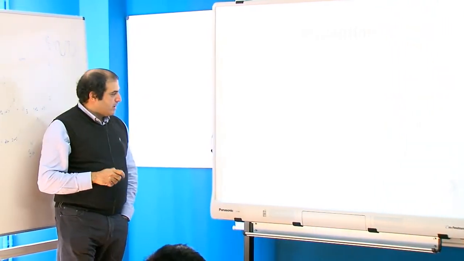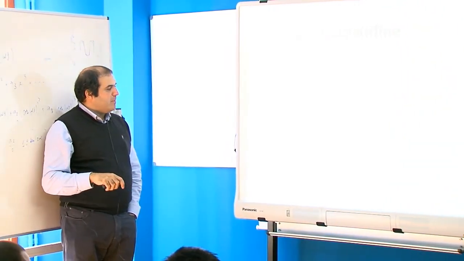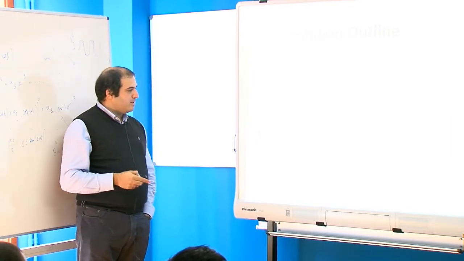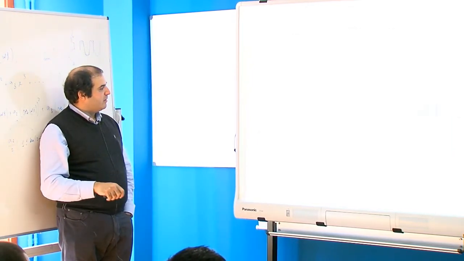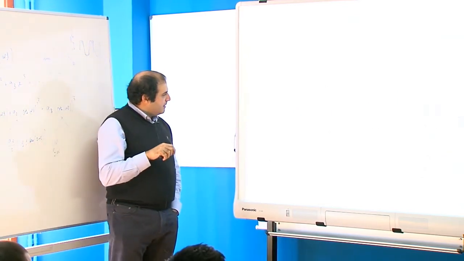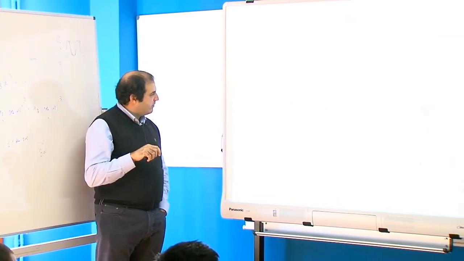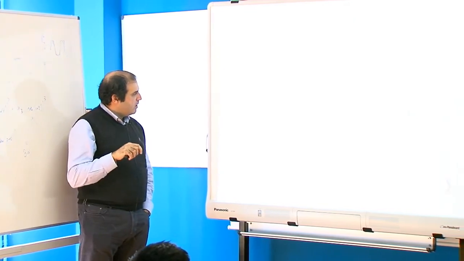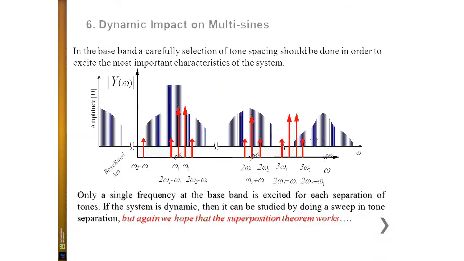The other problem we have is the dynamic impact of multisines. Why is this a problem? Because when we have a multisine, we are exciting different values of the video bandwidth.